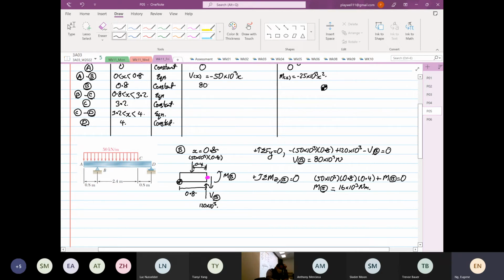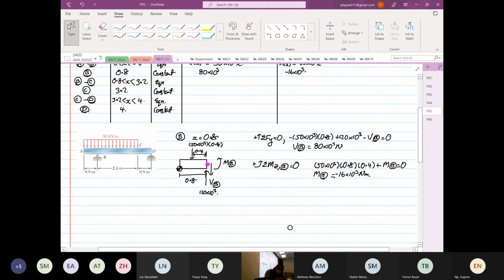Okay, so this is 80 times 10 to the power of 3. This will be equal to minus. Okay, over here, there's a minus sign over here, minus 16 times 10 to the power of 3. Okay. Then we go from B to C. Okay.